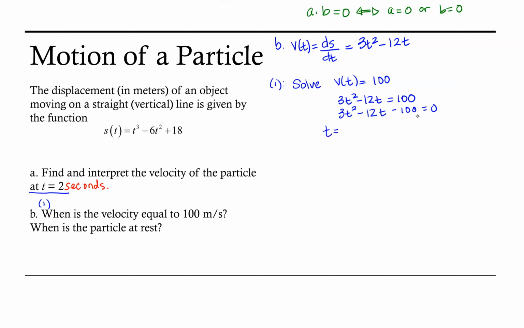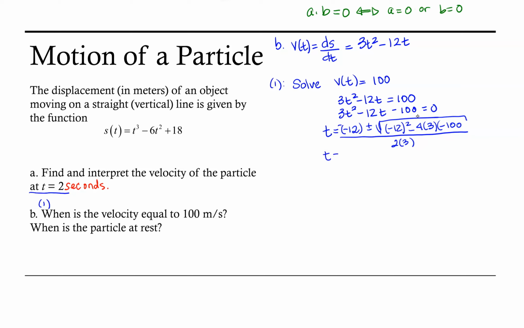So t will equal the opposite of b, so the opposite of negative 12, plus or minus the square root of b squared, so negative 12 squared, minus 4 times a, which is 3, and c, which is negative 100. That whole expression all over 2 times a, which is 2 times 3.